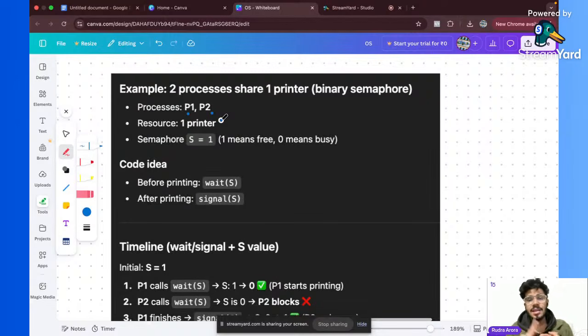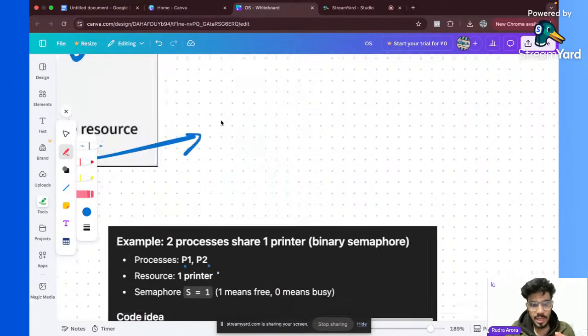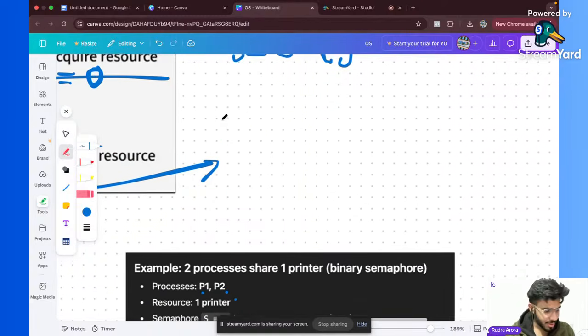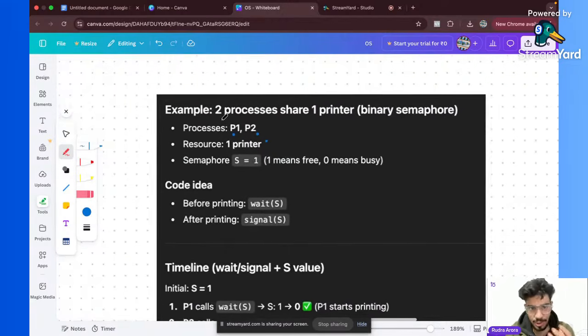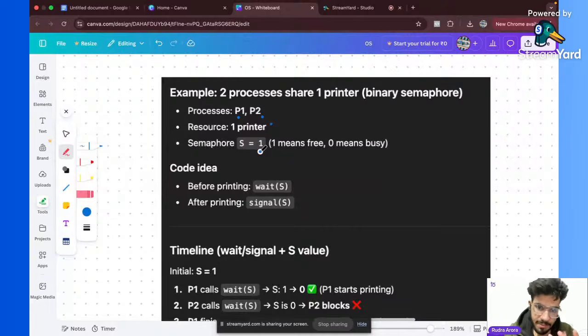As there is one resource, what would be the value of semaphore? It's very logical that the semaphore value would be 1, because we have one resource. Keep this thing in mind: this value of s represents the total amount of resources that we have in the current state.